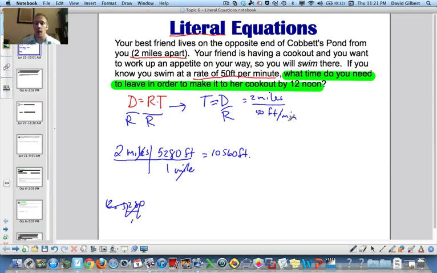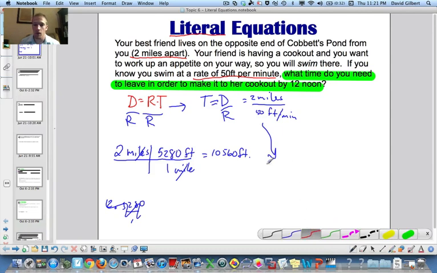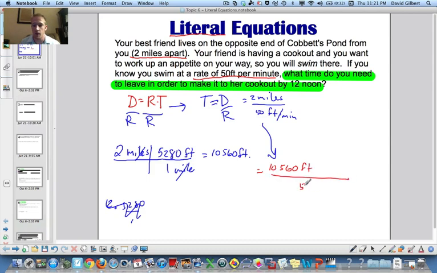So this really becomes, instead of 2 miles, 10,560 feet divided by 50 feet per minute.